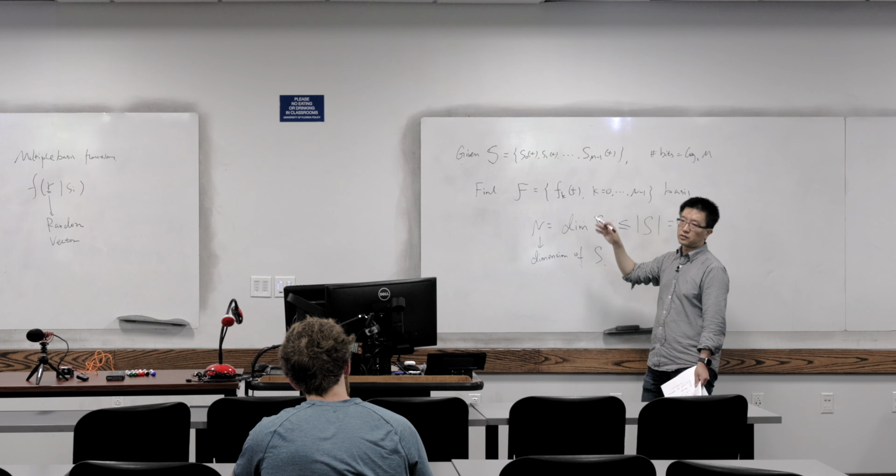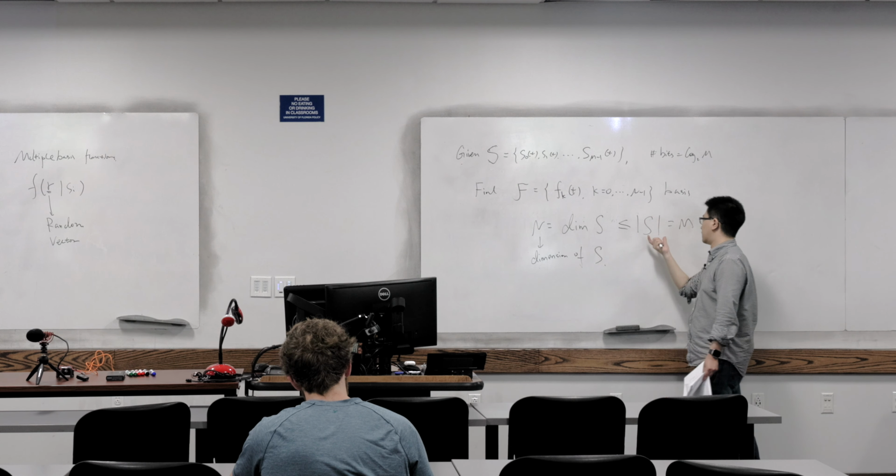In the orthogonal case, the cardinality of our signal space is still 2, but the dimension would be 2, because we need 2 basis functions to represent that. So this is called the dimension, and this is the cardinality of S. That is the relationship between N and M.